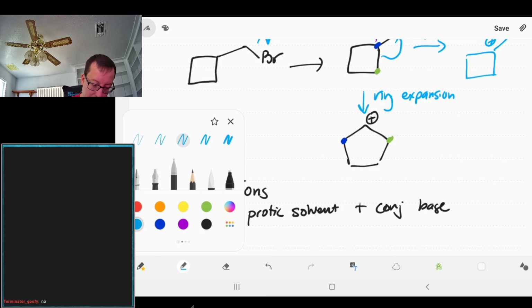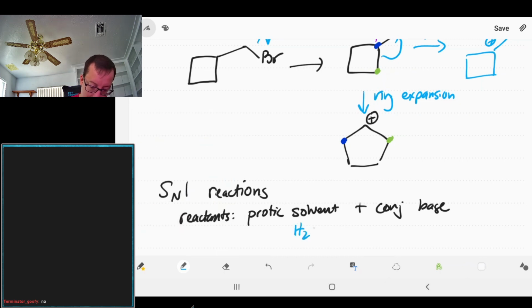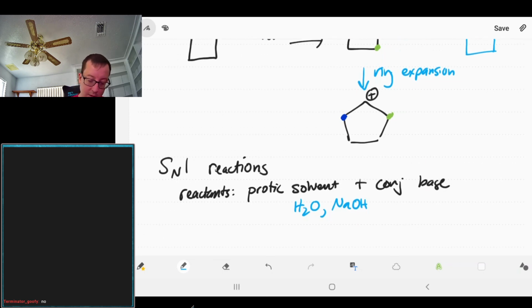Like, for example, water and sodium hydroxide. That would be a common set of reactants to do in an SN1 reaction. You could use methanol and sodium methoxide. These would be common things. You could also just use the solvent. These reactions are sometimes called solvolysis for this reason.